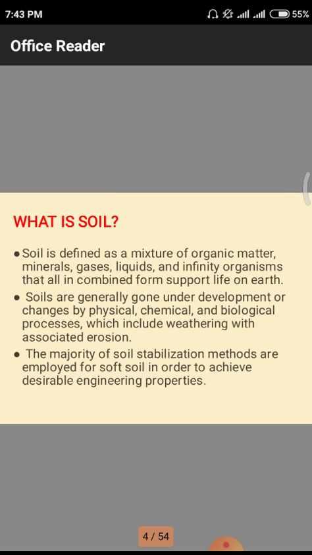The majority of soil stabilization methods are employed for soft soil in order to achieve desirable engineering properties. That means in soil stabilization we need to improve the property of soil, from a weaker state to a stronger state, so we need to improve those properties by using different chemical and physical parameters, like using rollers.